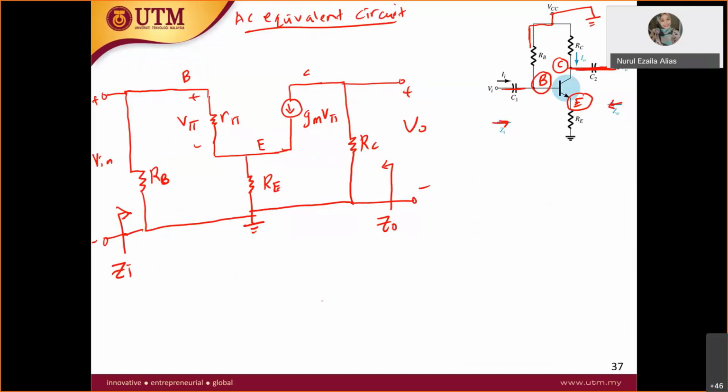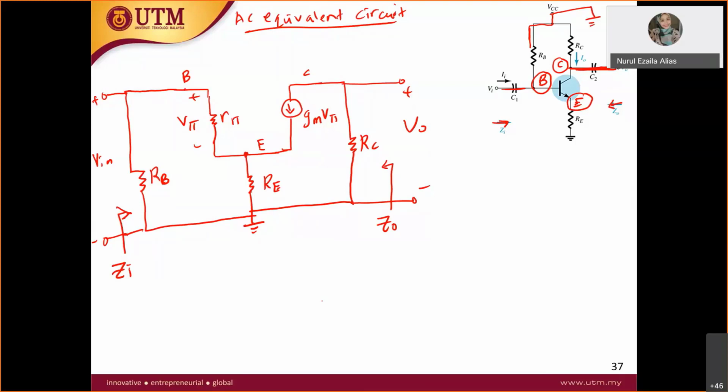So you cannot say that RB is parallel with R pi plus RE. Cannot, because R pi and RE are not in series. Why? R pi is from base to emitter, but RE is emitter to the ground. It might look series, but it is not in series.